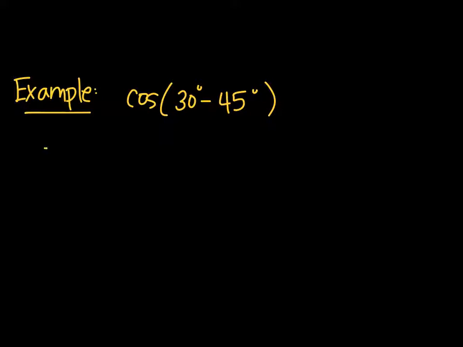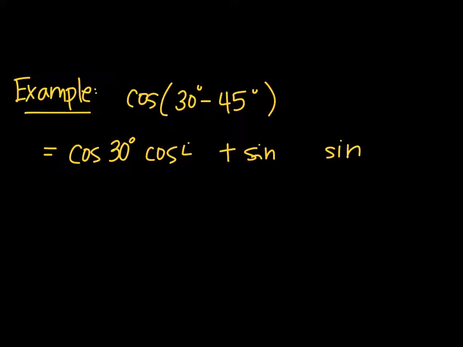This is the second line of the cheer, the cosine, cosine, sine, sine part. And then I go back and I remember to do what in the middle? It is now a plus because it was a minus, so it is a sign change. And then we fill in our x's and y's, which are 30 and 45, and 30 and 45.